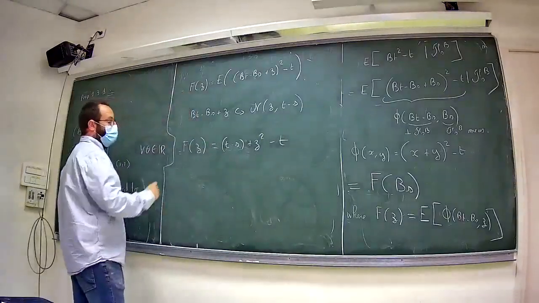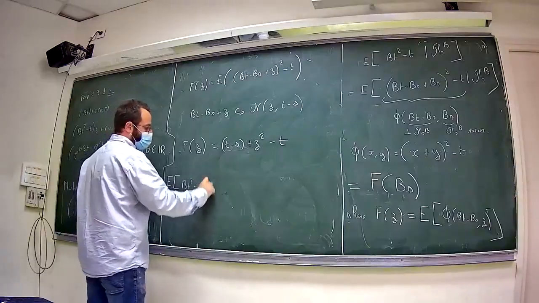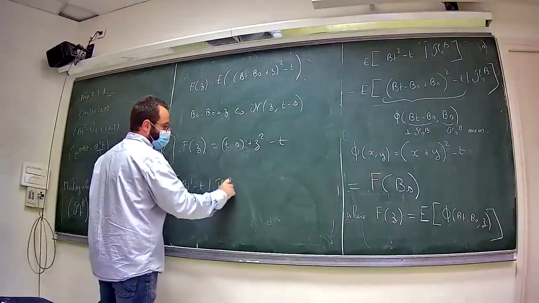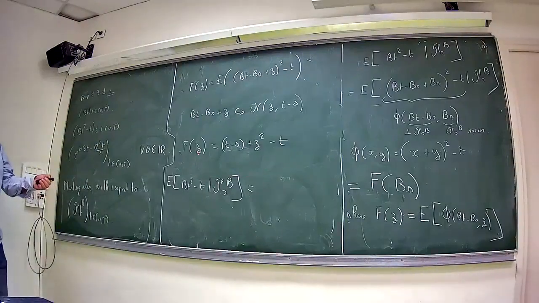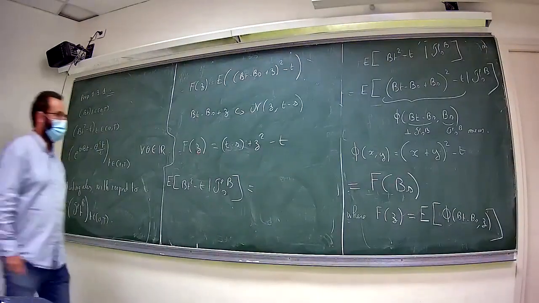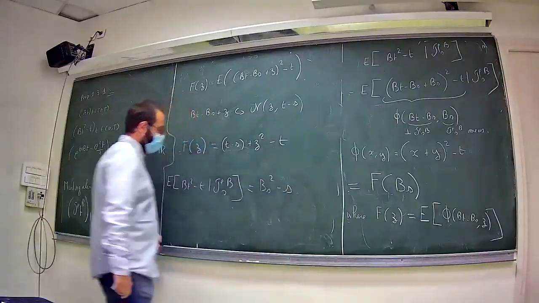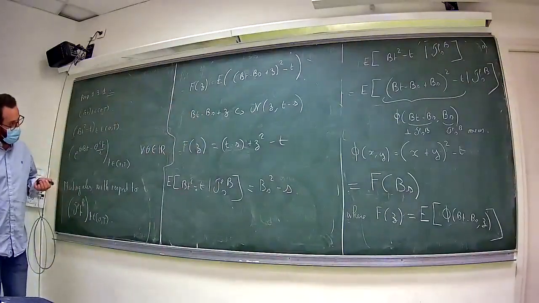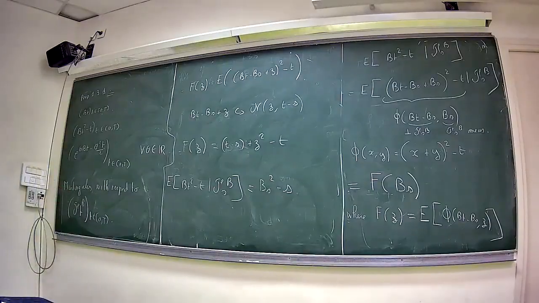And so the expectation of bt square minus t given FSB is equal to this mapping where I plug instead of z bs, that is bs square minus s, and I have proved that bt square minus t is a martingale because the conditional expectation of bt square minus t given FSB is equal to bs square minus s.